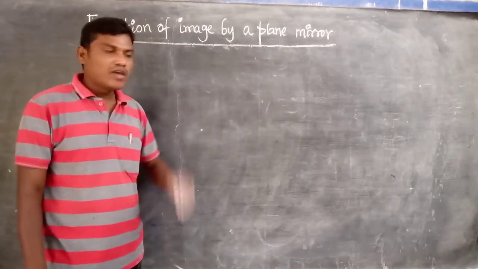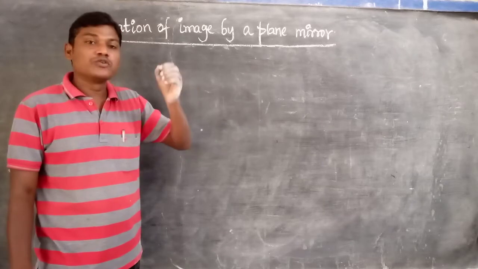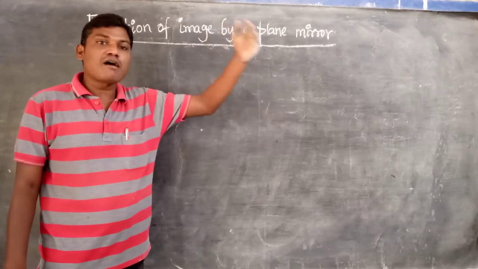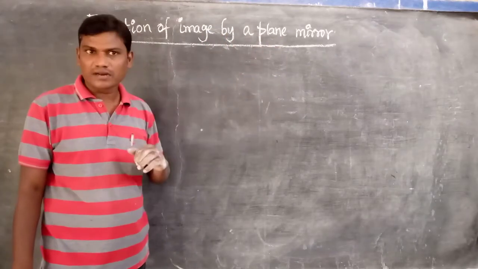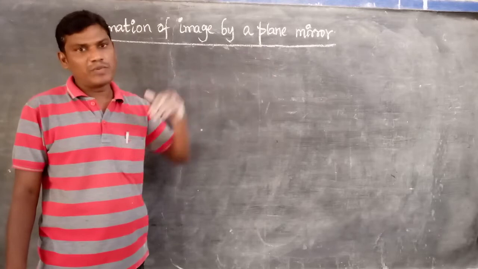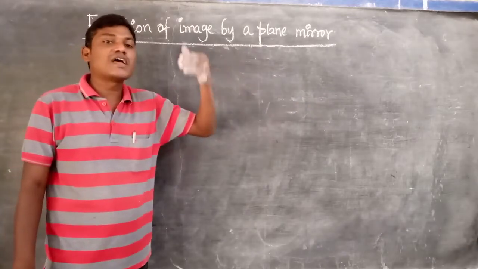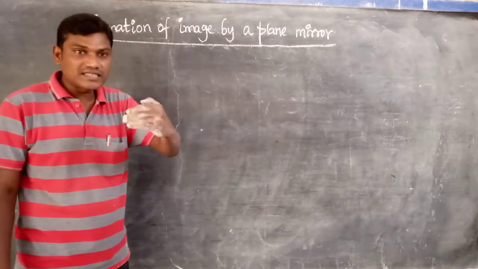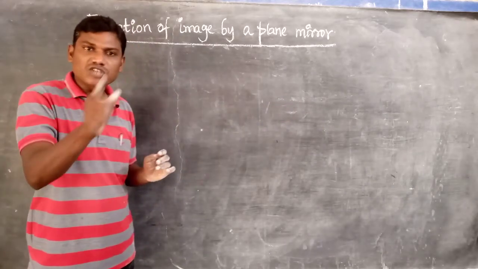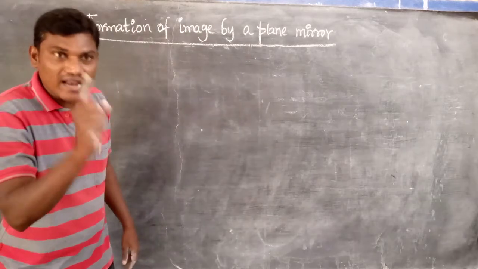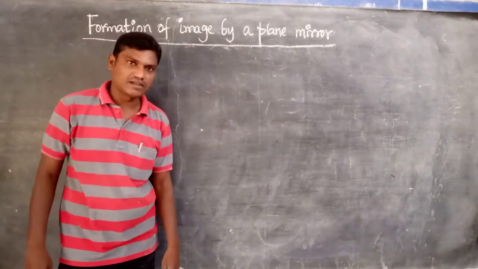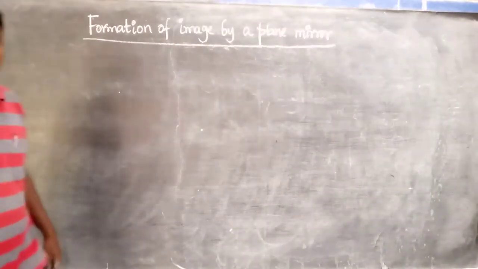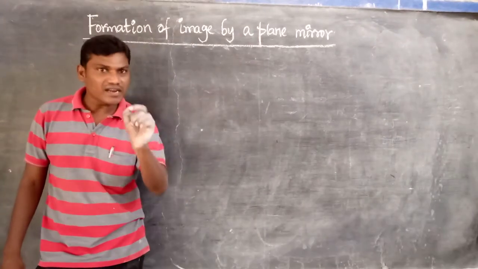That is, when you place a point size object or an extended object in front of a plane mirror, which type of image will be formed, what are the characteristics of the image, or what is the nature of the image formed. We discuss this in this video from the chapter of reflection of light at plane surfaces at 8th standard level.